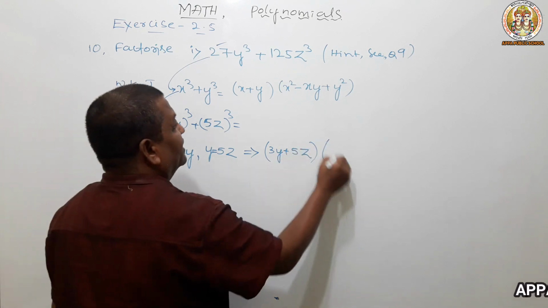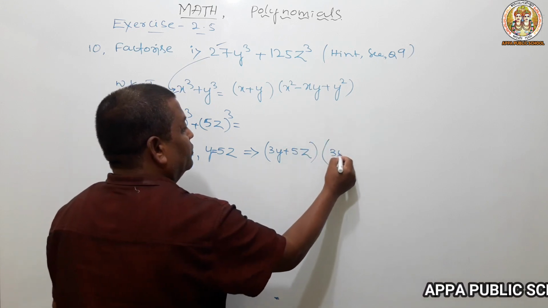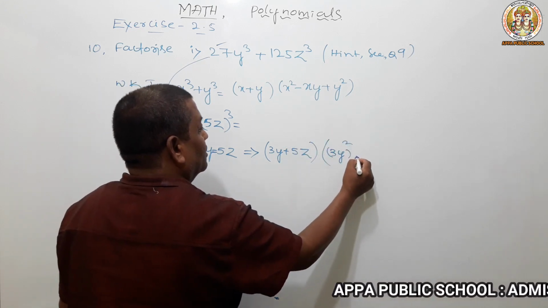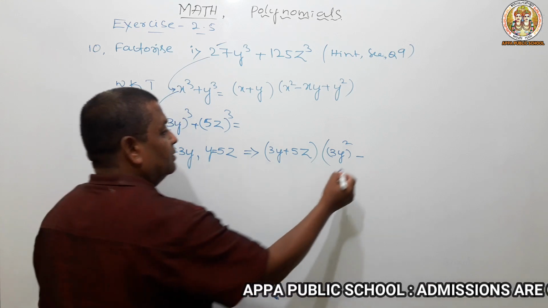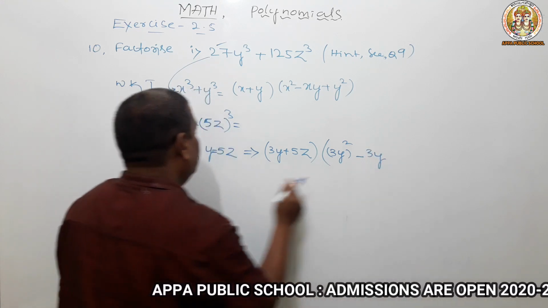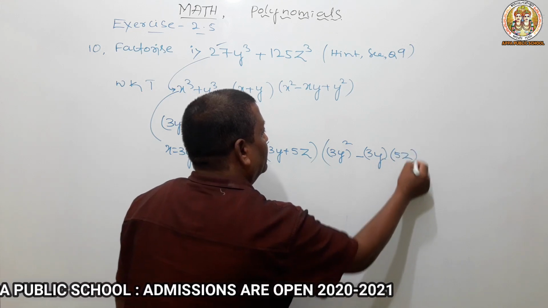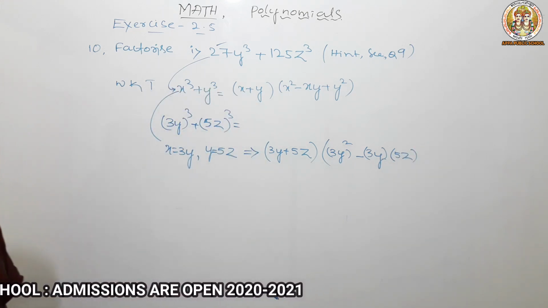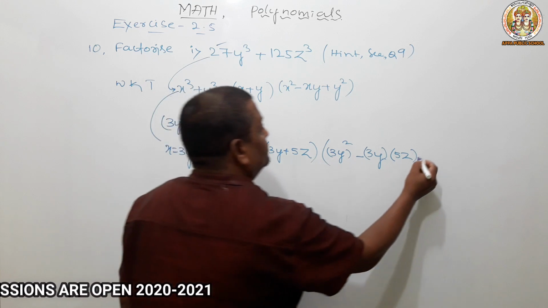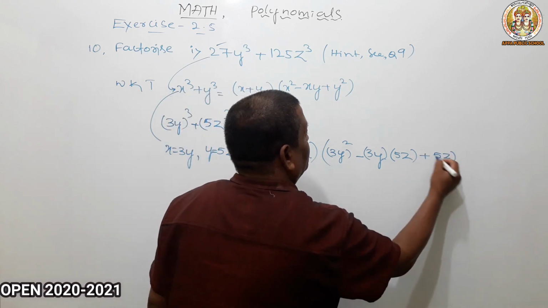Next, that side, x square is 3y whole square, minus xy, 3y into 5z, plus y square, that is 5z whole square.